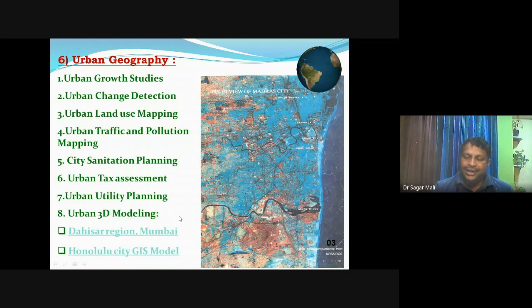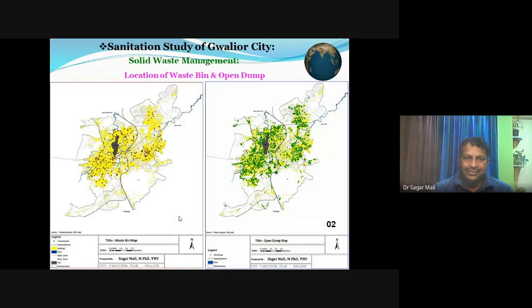This is a use of remote sensing in urban geography. We can say it is the use of remote sensing and GIS, as well as GPS, in urban research.